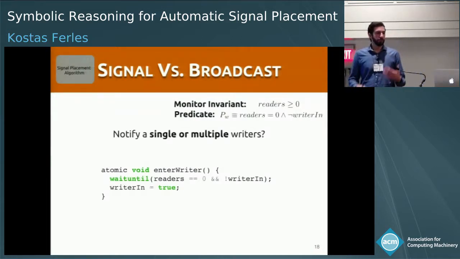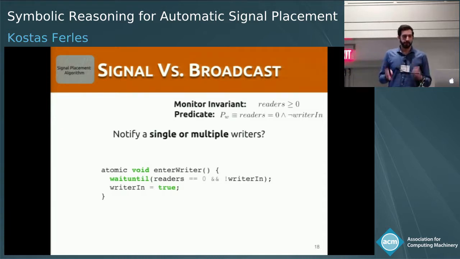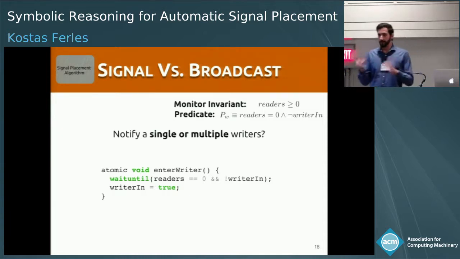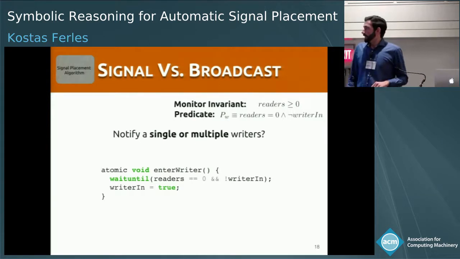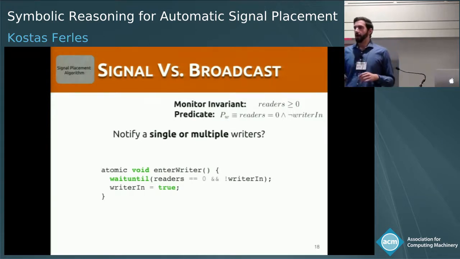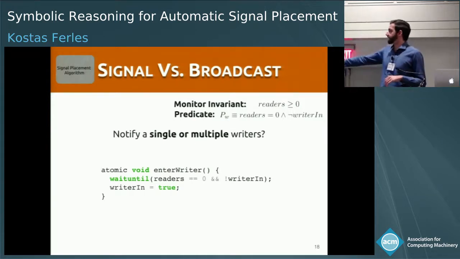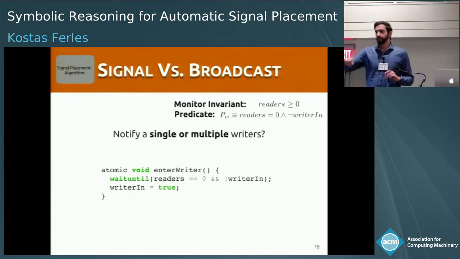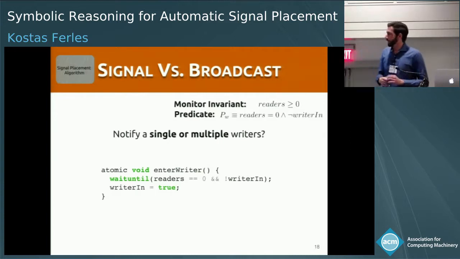Whenever we have to wake up a writer thread, do we have to wake up a single thread or multiple threads? In order to answer this question, our algorithm is going to analyze the last statement of the writer method, since this is the statement that is being executed after a writer thread wakes up from its wait until statement.